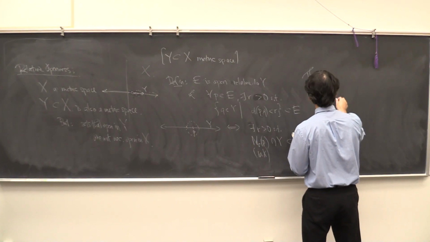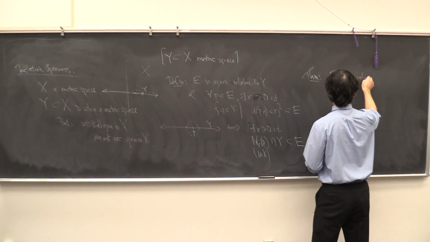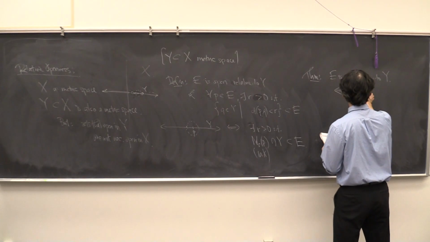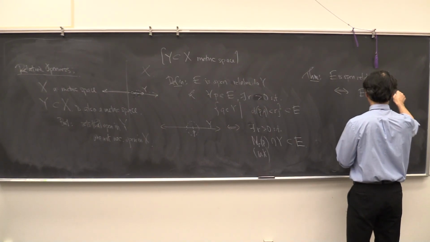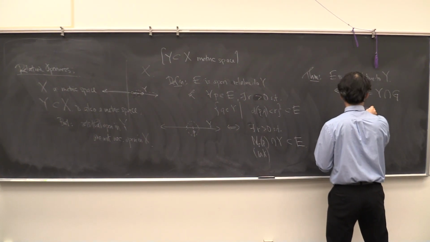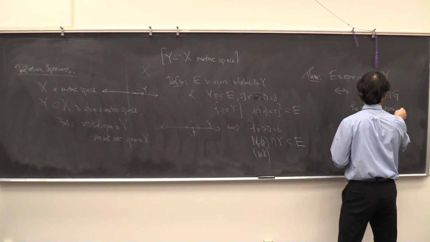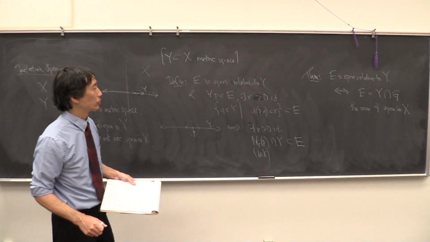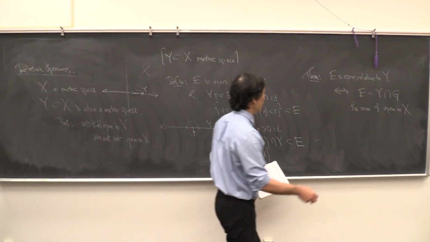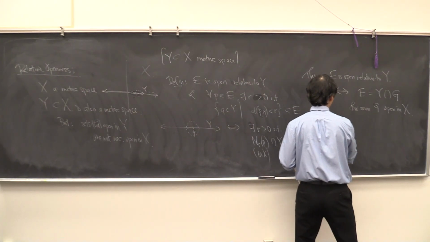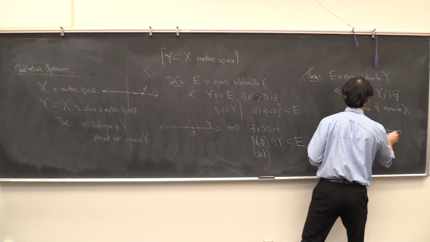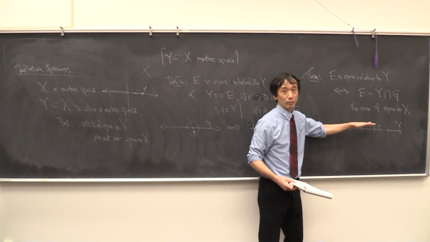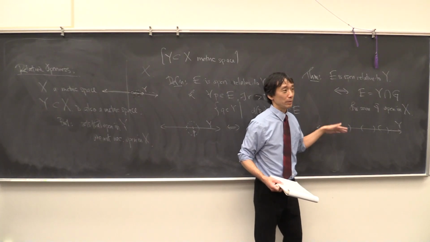Then we have this recharacterization of it. E is open relative to Y if and only if E equals Y intersect G for some G that's open in X. Basically, a set that's open with respect to Y is the intersection of some open set in X with the subset Y. It's nothing amazing.